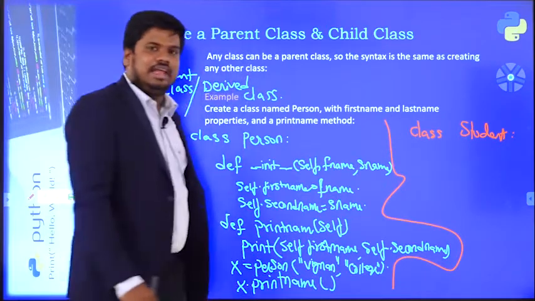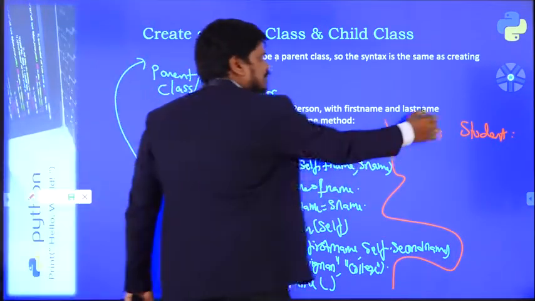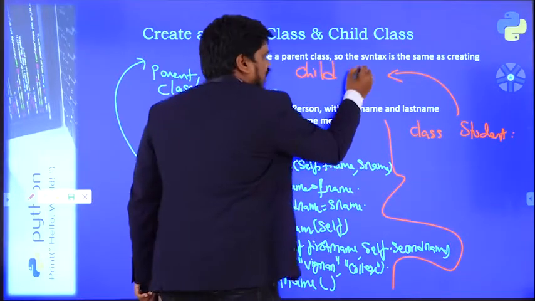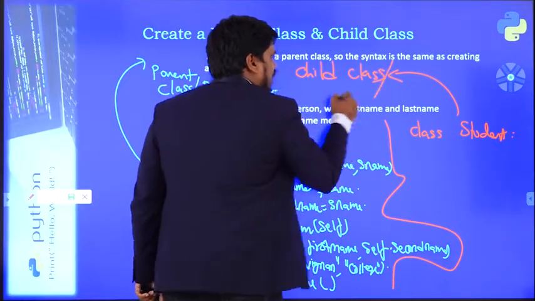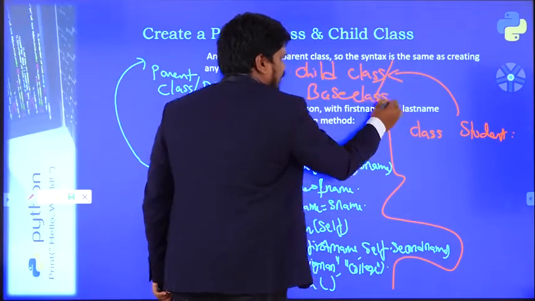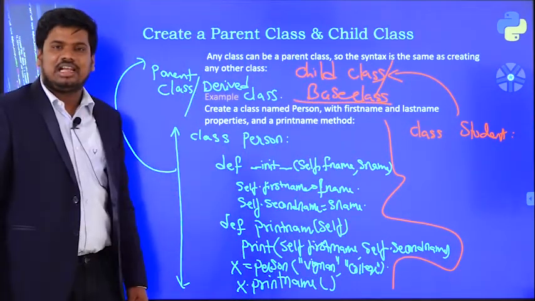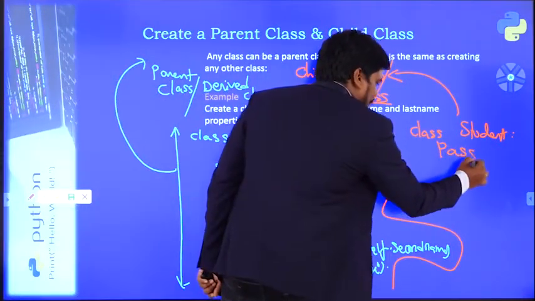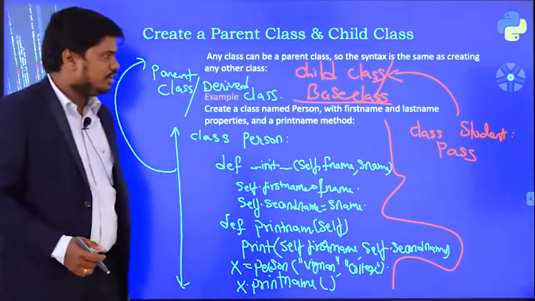I have created a child class here. So this is my child class, or I can call it a derived class as well. Inside this I'm using pass. I don't want to pass anything.